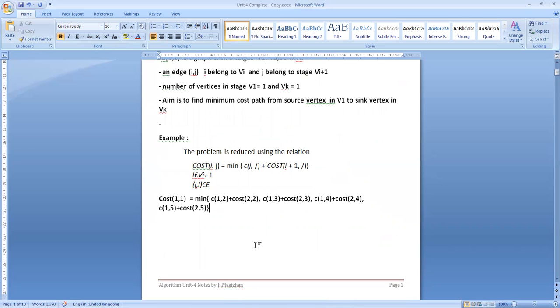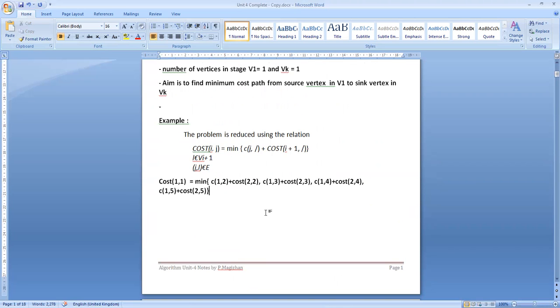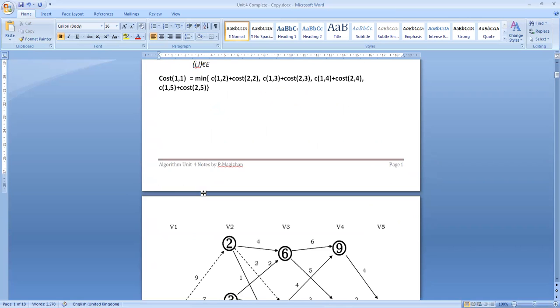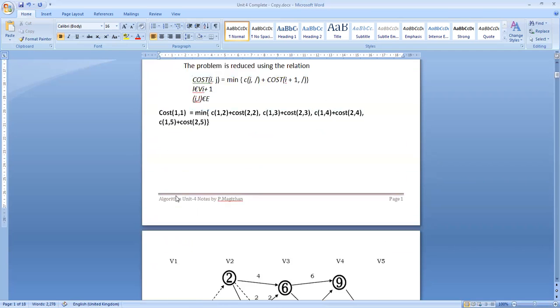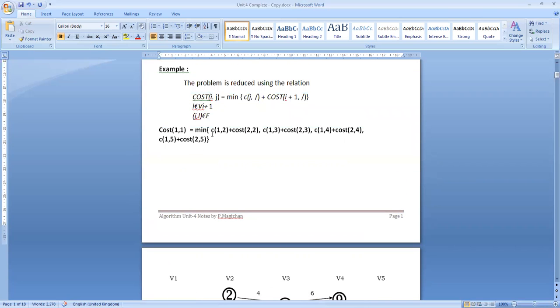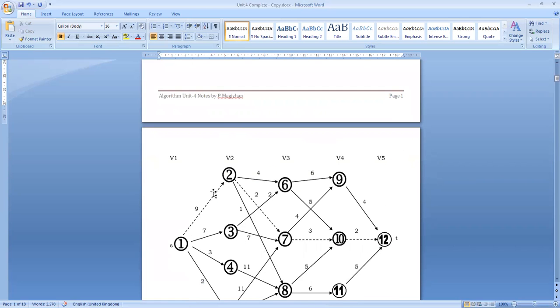See, try to understand this particular expression. With this, the minimum cost path from vertex 1 in stage 1 is nothing but the minimum of cost value from vertex 1 to 2 plus cost from 2 to 12.